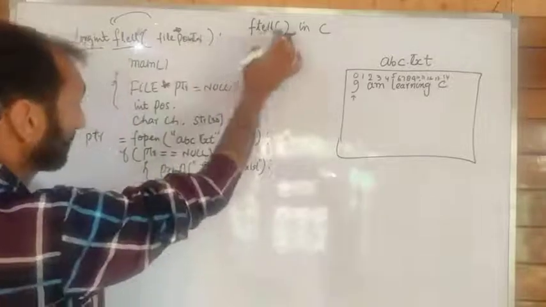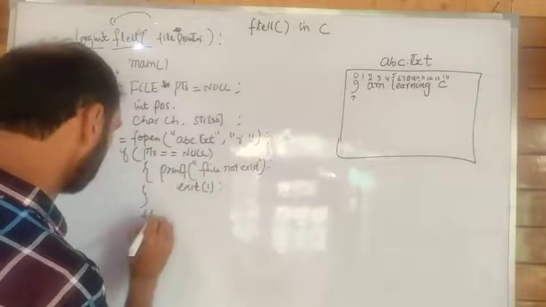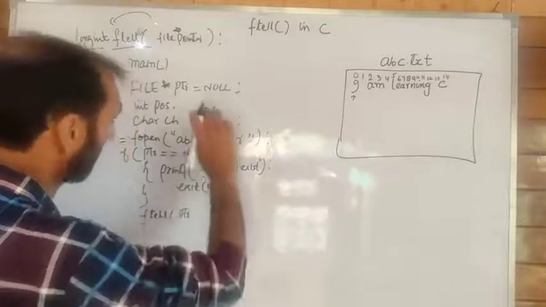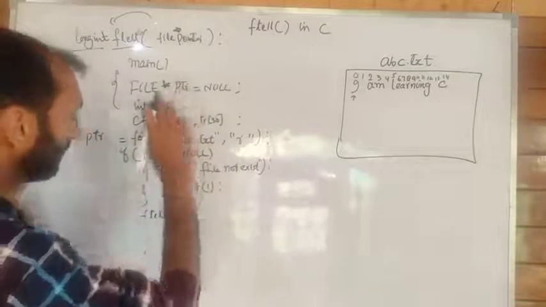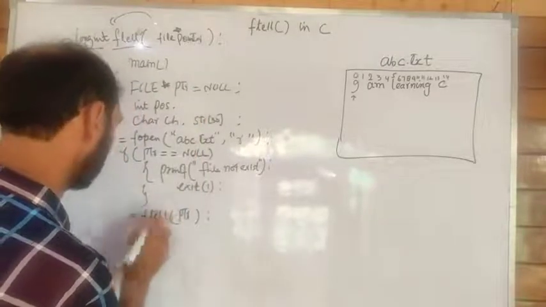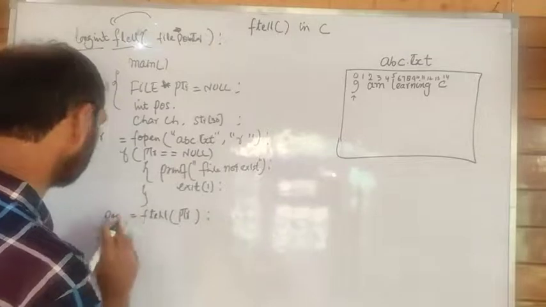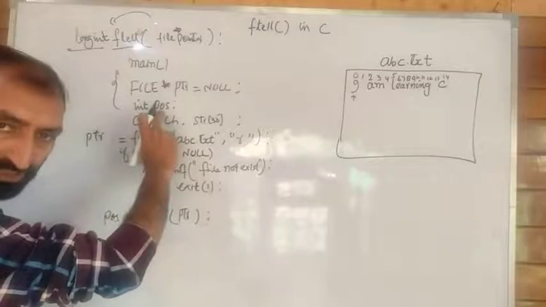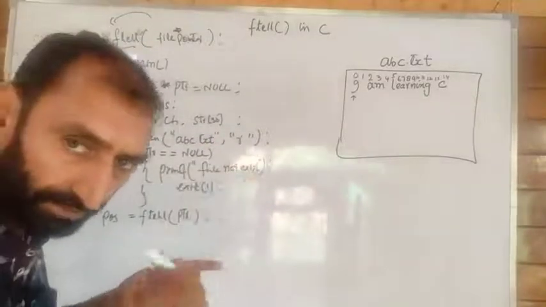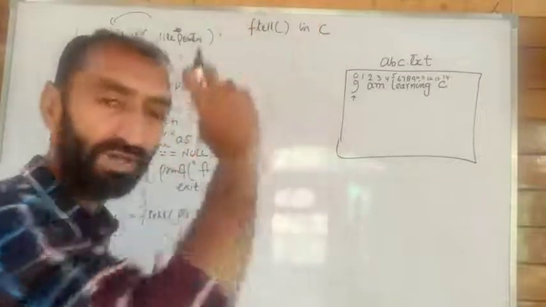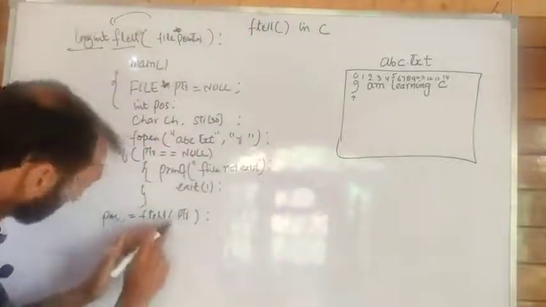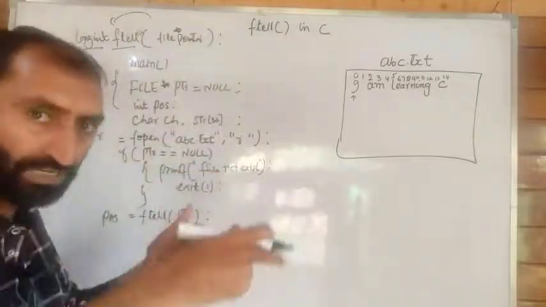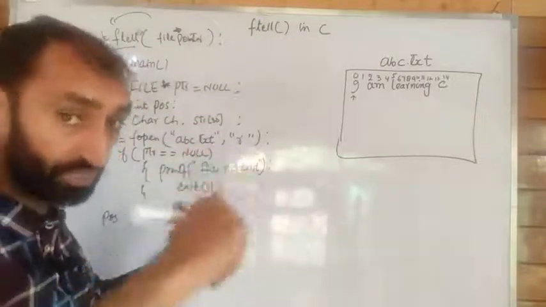The syntax is ftell, and it takes one argument, the name of the pointer, here ptr. It returns an integer that is stored in pos, a variable I have declared to store the present position of the file pointer.